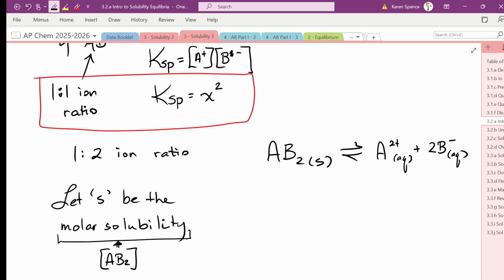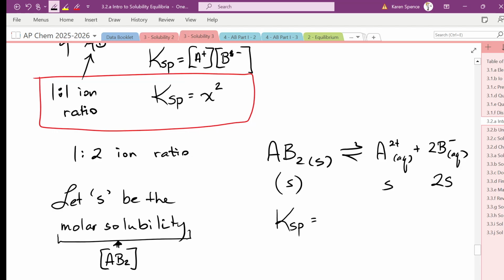But so if we let S be the molar solubility, then our solubility here would be S. What would the concentration of A be? S. And B would be 2S.